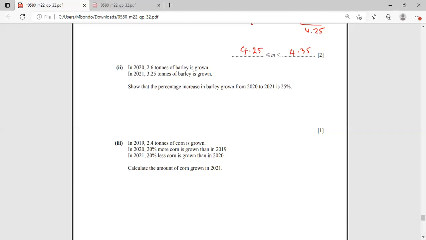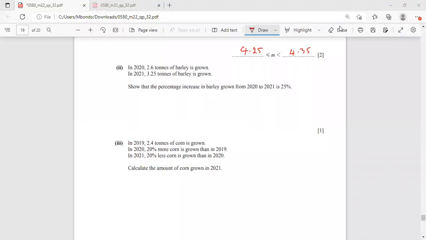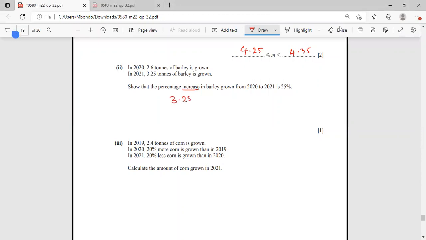We need to make sure that we actually say that the increase is going to be, because we're looking at the increase, 3.25 minus 2.6 over 2.6, because this is where we are coming from.